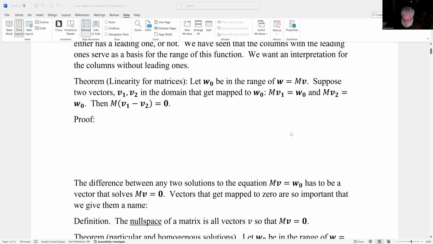So we're going to mention a quick thing about linearity for matrices. So suppose we have W0 in the range of the function, and V1 and V2 both get mapped to that point, right?